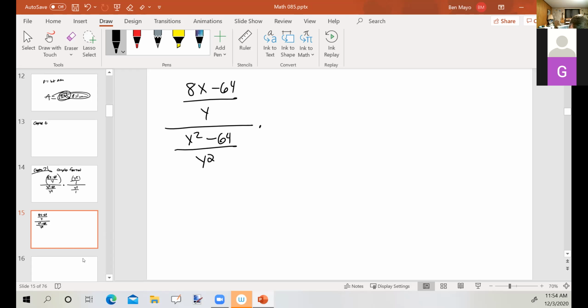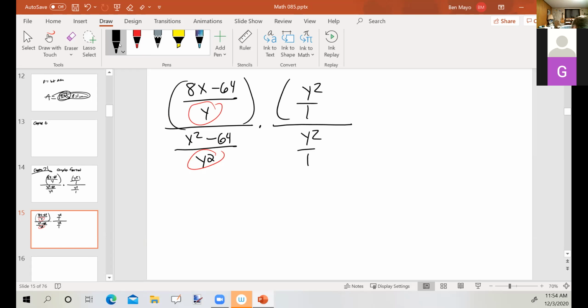So what I'm going to do is find the least common denominator of all of those denominators, which would be y squared, and I'm going to multiply by y squared over y squared. The reason I put those little ones in there is to remind you that the y squared on top is on the top of the top, and the y squared on the bottom is on the top of the bottom. In other words, this lines up with that. Does that make sense?